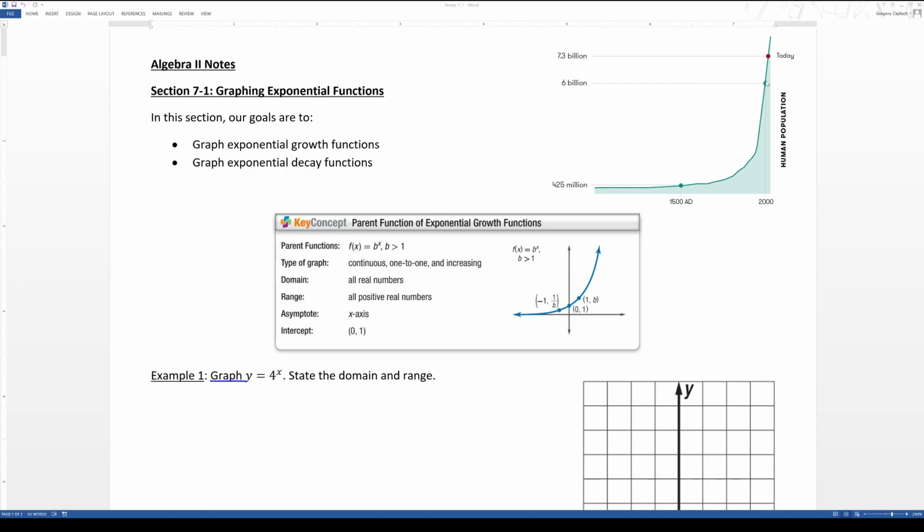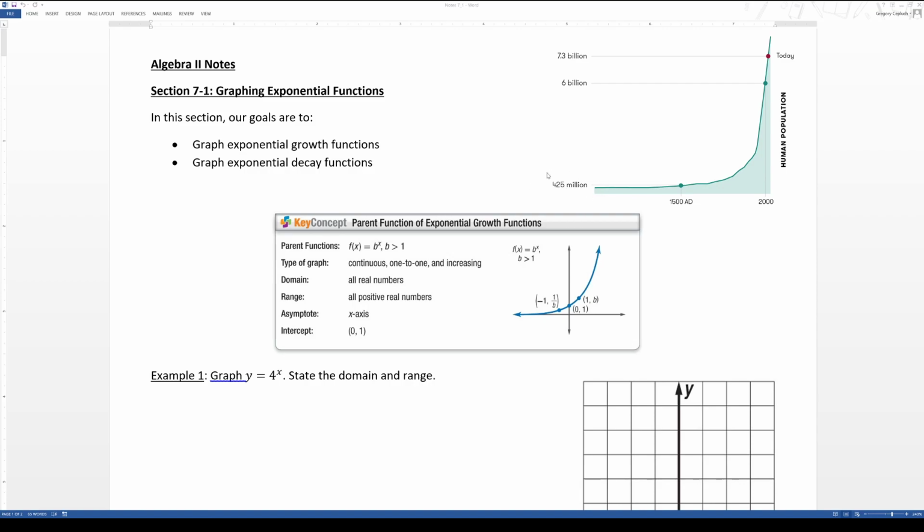But as you can see, it doesn't even stop there. And this graph is even a little bit outdated. We actually have a little bit more than this in terms of the population of Earth right now. But even just in the last 15 or 20 years, I'm not sure exactly how old this graph is, just in that short amount of time, the world population has increased by over 1 billion people. Throughout all of human history, up until 1500 AD, there were only 425 million people on Earth.